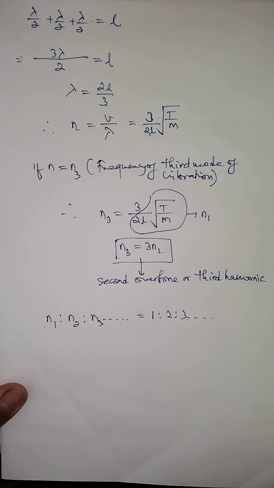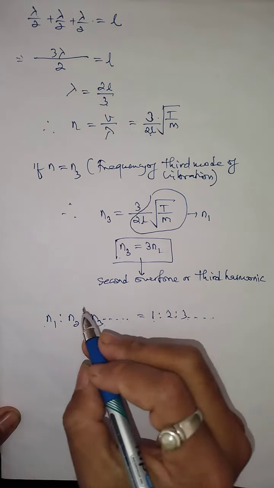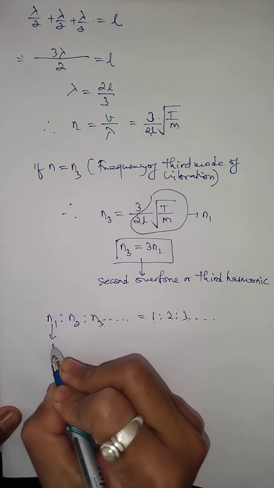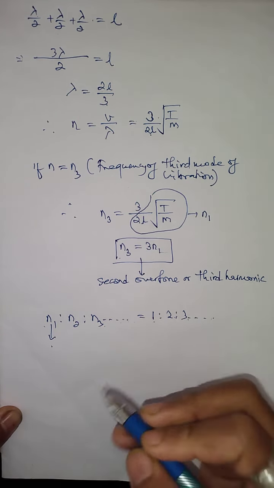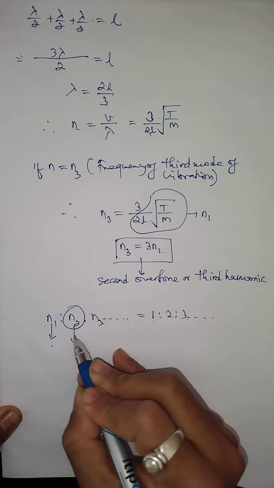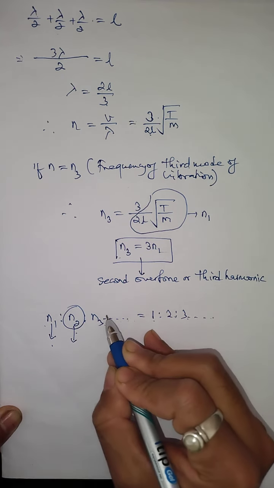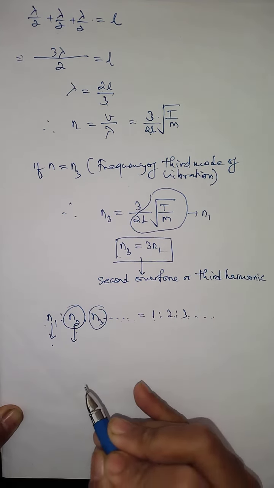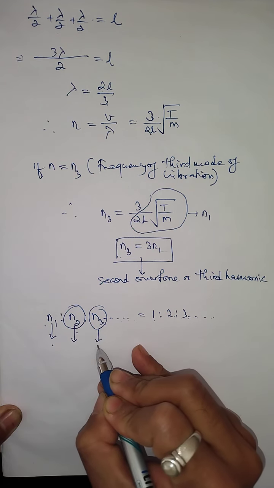That's why the fundamental tone is the first harmonic, means the frequency is n1. Then we have the first overtone, which is nothing but the second harmonic, with frequency n2, and the second overtone is the third harmonic, that is n3.